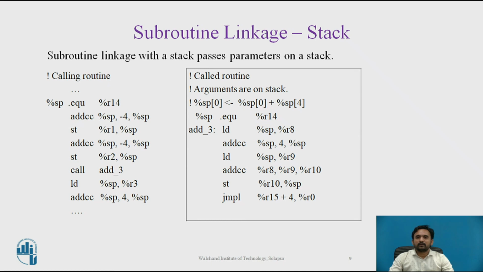The calling routine places its arguments R1 and R2 onto the stack by decrementing the stack pointer and storing each argument on the new top of the stack. Subroutine add_3 is called, which pops its arguments from the stack, performs an addition operation, and then stores its return value on the top of the stack before returning.